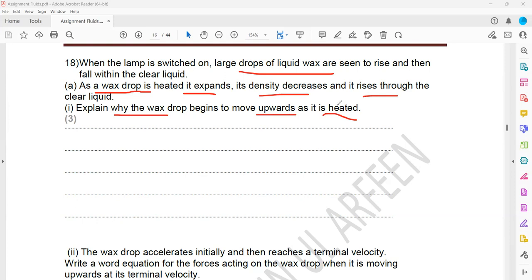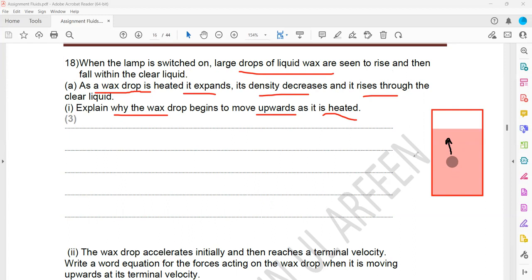So, for example, say you have a container filled with a liquid and there is a wax drop. When we switch on the lamp, the large drops of wax are seen rising, going up. What is the reason for that?